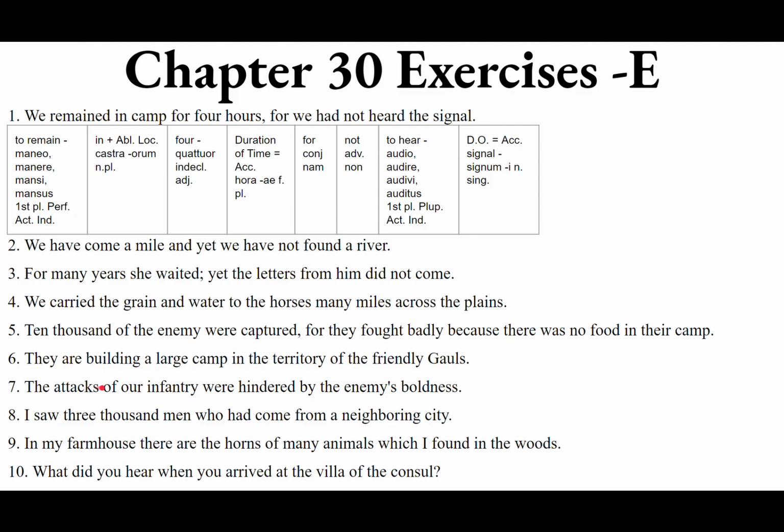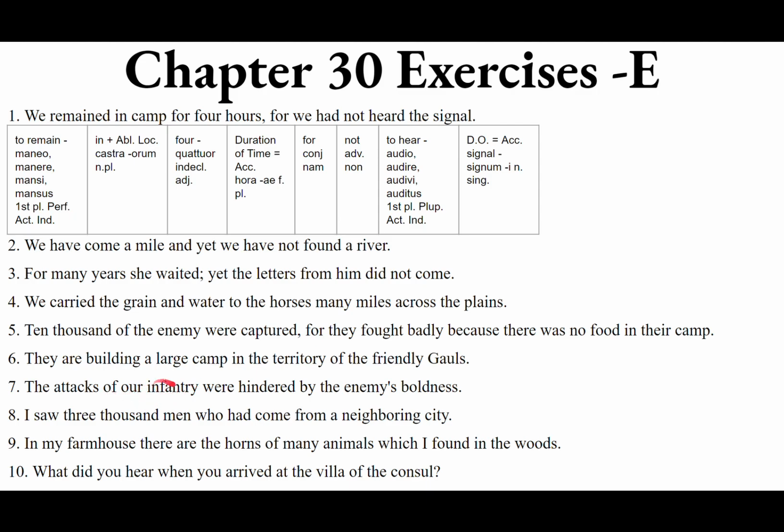The noun has an S, so impetus with a macron over the U. Of our infantry, they are our infantry's attacks. So our is the adjective noster, nostra, nostrum, modifying the noun infantry. Infantry is pedes, peditis, masculine.